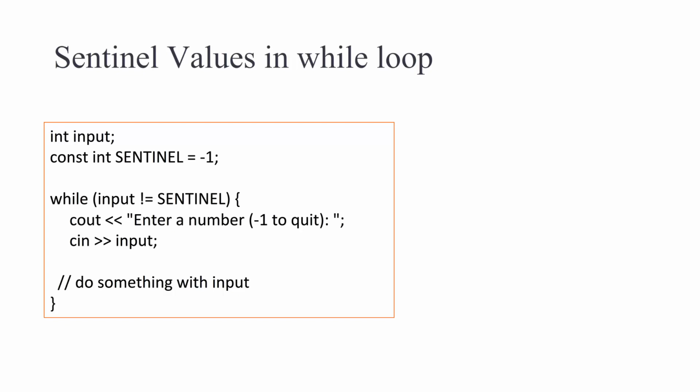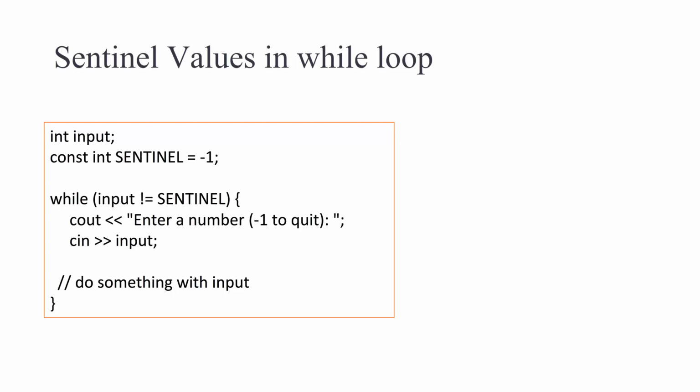So in this example, the while loop continues to execute as long as the user doesn't enter the sentinel value of -1. On each iteration of the loop, the user is prompted to enter a number.